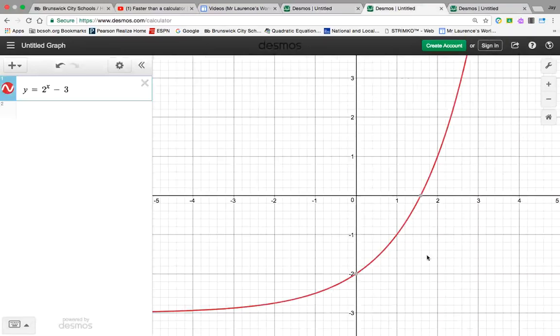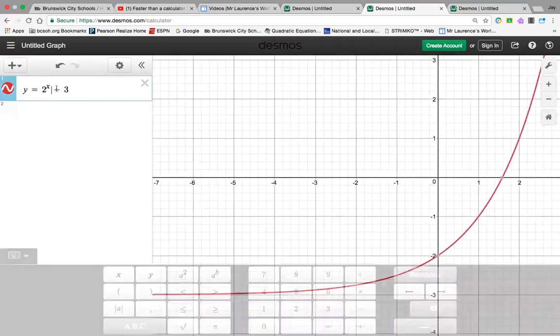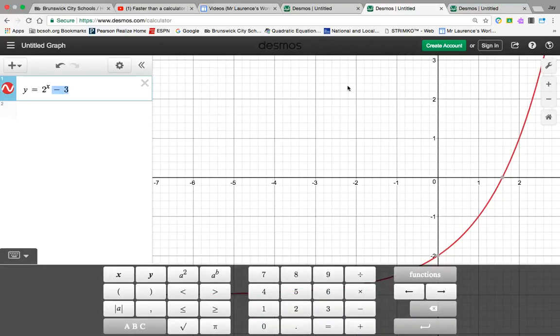And there it is. It looks like it's about the same thing, only it's dropped down below the x-axis now, and it looks like the values are getting close to negative 3. F of x is negative 3, and look, it says minus 3 right there. Again, that's not a coincidence.